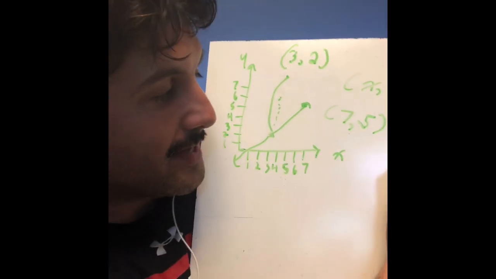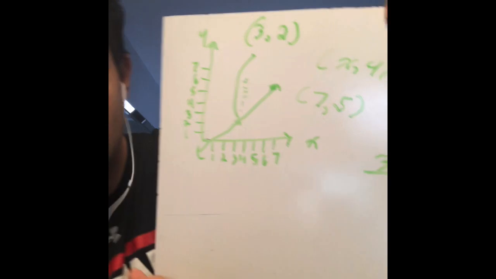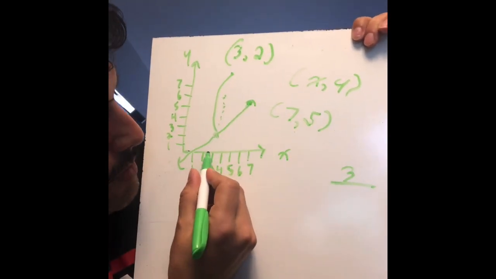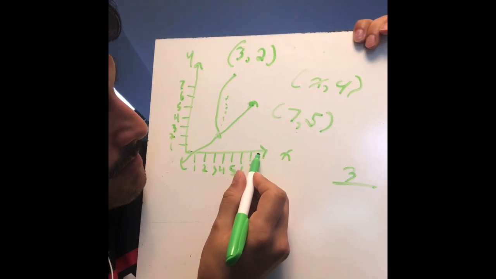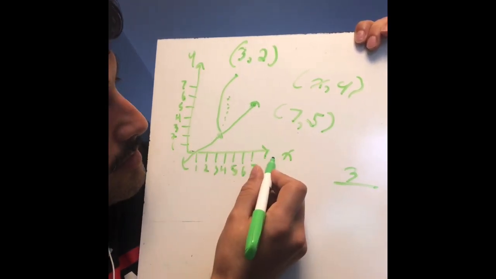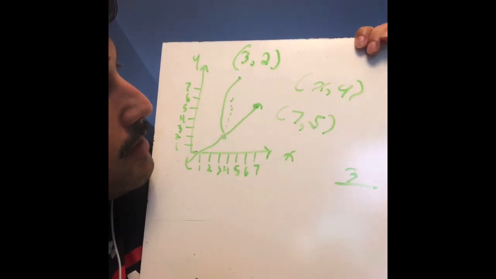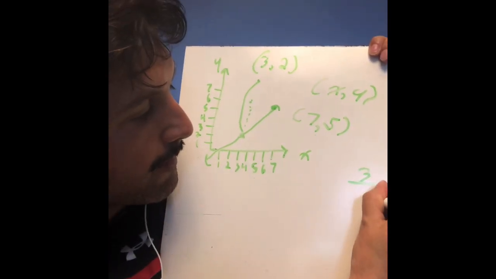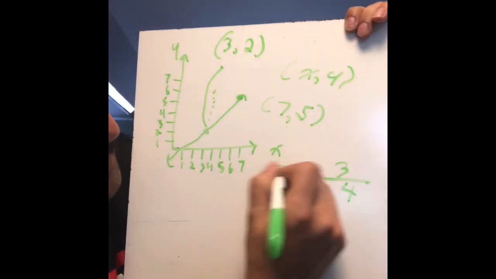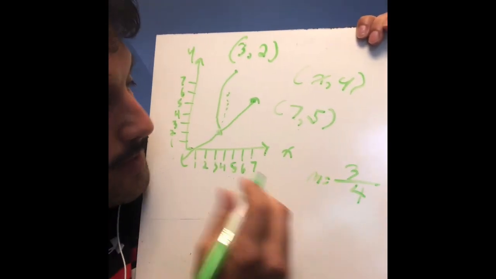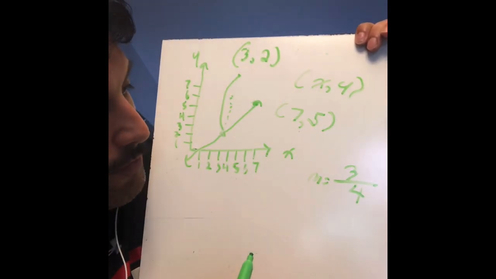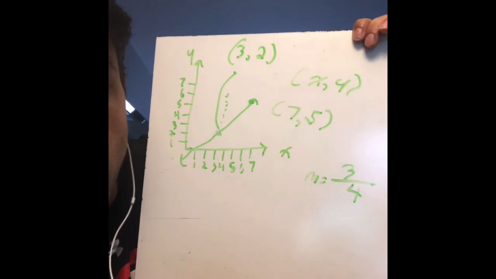So my rise is 3. And my run from 3 to 7 is 4. So my slope is a rise of 3, a run of 4, and that's our slope.